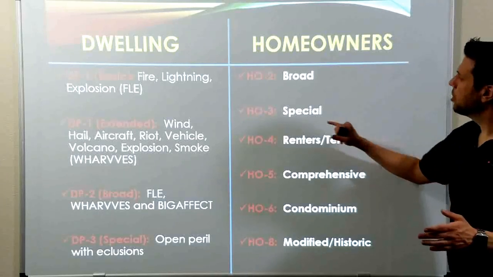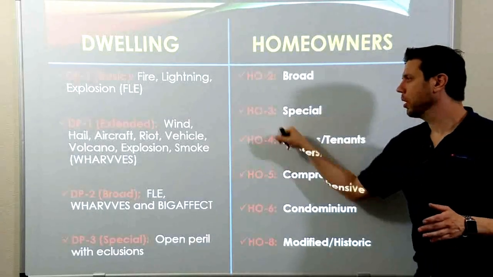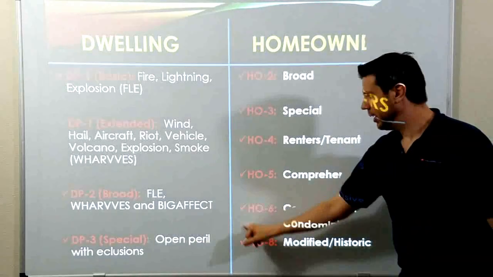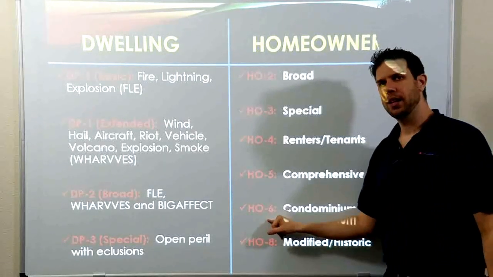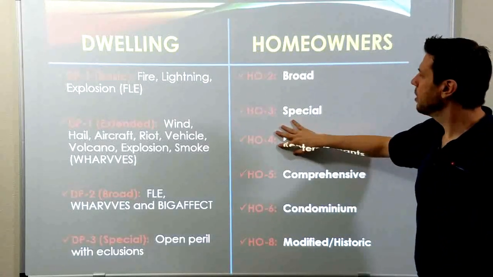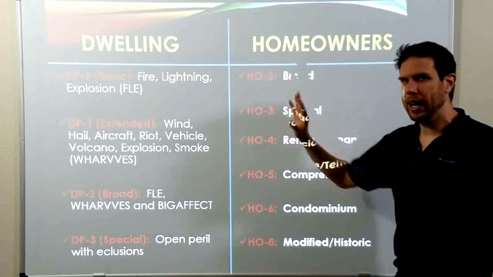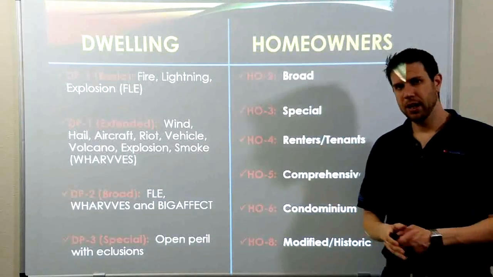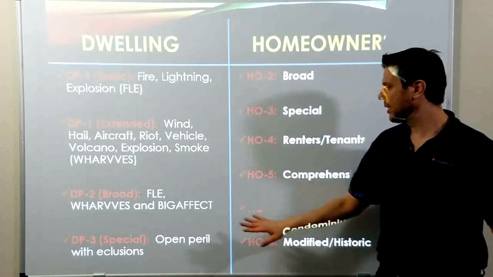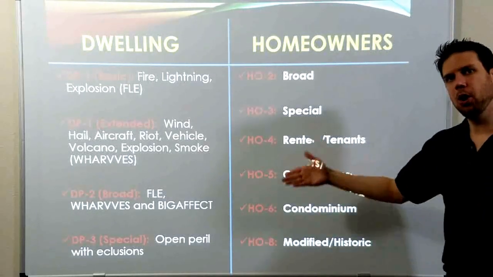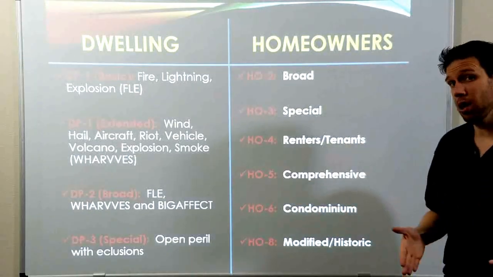What's the difference between an apartment, an HO4, and a condo, an HO6? An apartment, you don't own the actual structure. Somebody else does. Whereas a condominium, you actually own everything inside the walls.